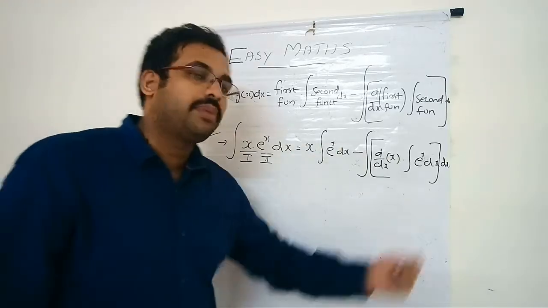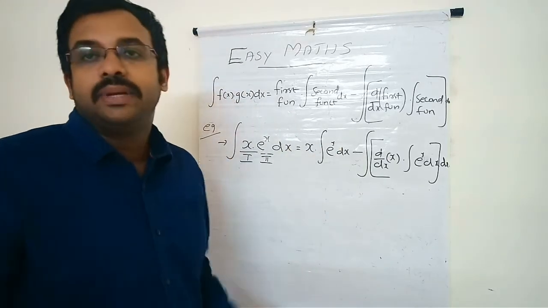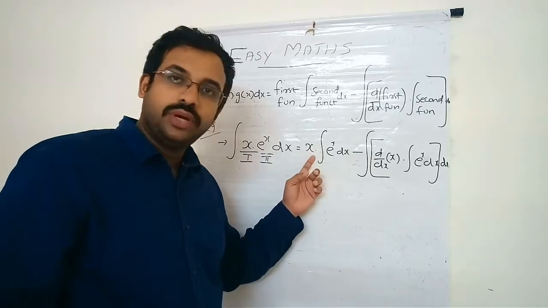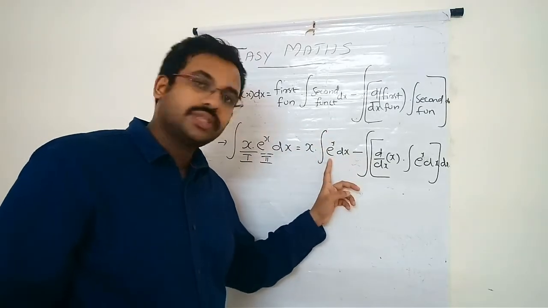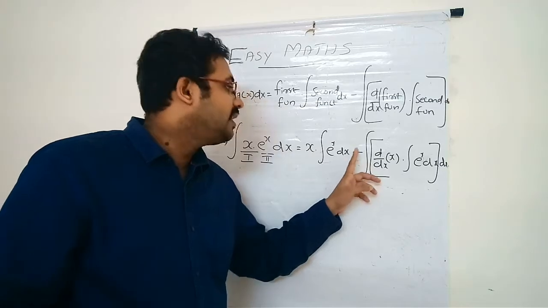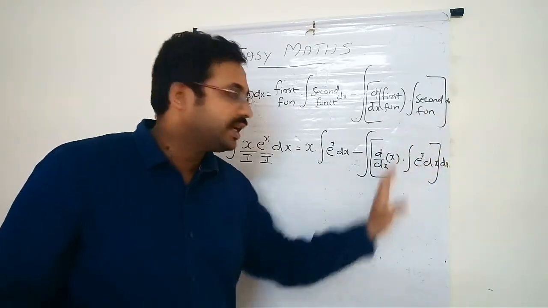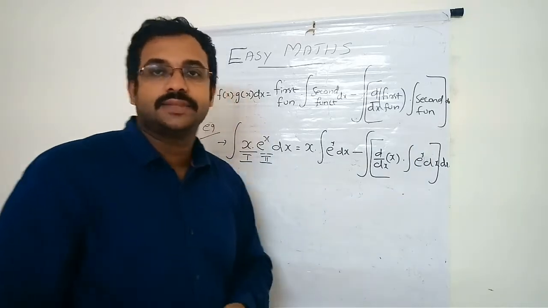So this is how we apply the ILATE method, integration by parts: first function x into integral of second function e raised to x dx minus integral of derivative of first into integral of second dx.